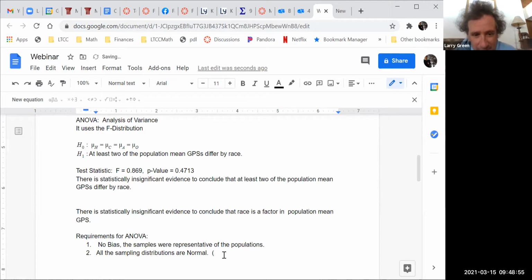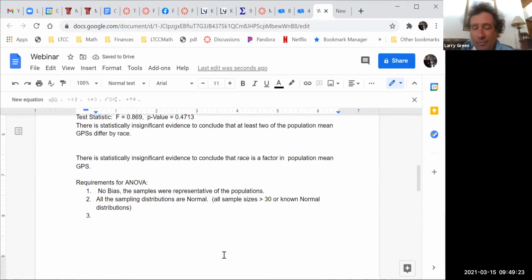That means all sample sizes greater than 30 or known normal distributions. Any questions on number 2? We're used to that one, right?